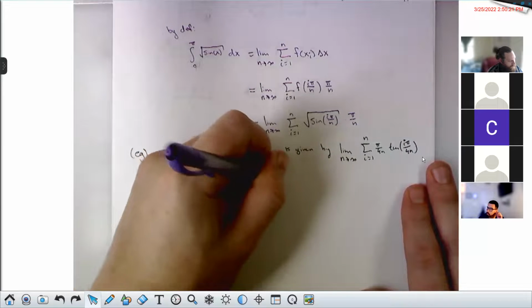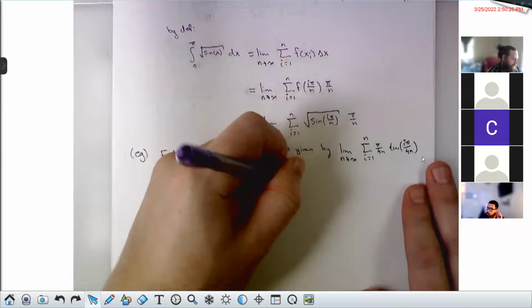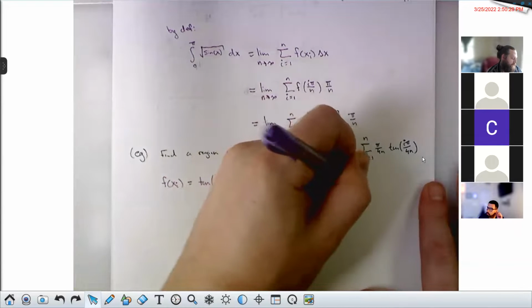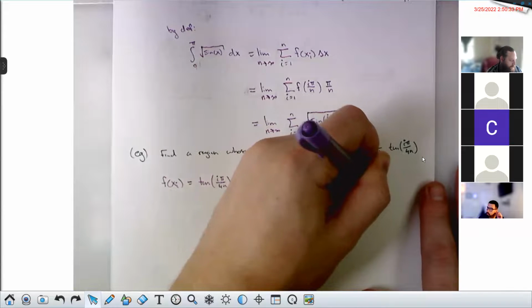So f here is the function tangent x. And the xi is I times pi over 4n.